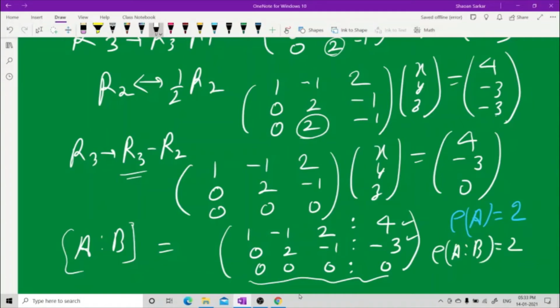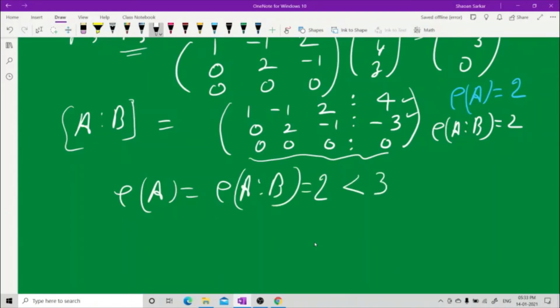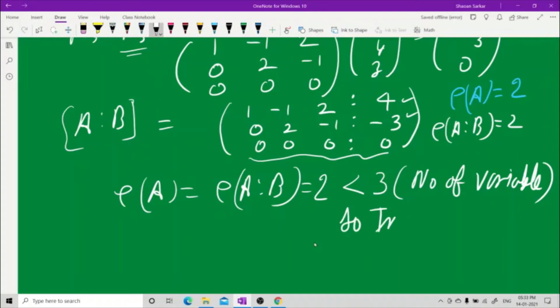So what I get is rank of A equal to rank of AB, which is equal to 2, less than 3, the number of variables. So infinite solutions.